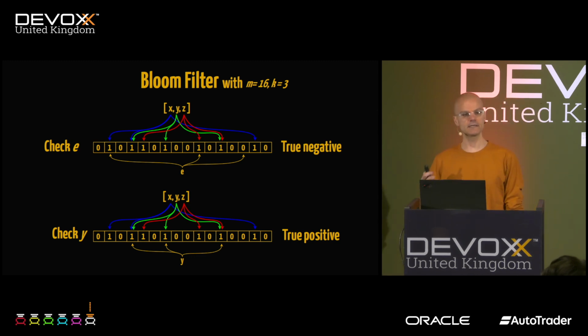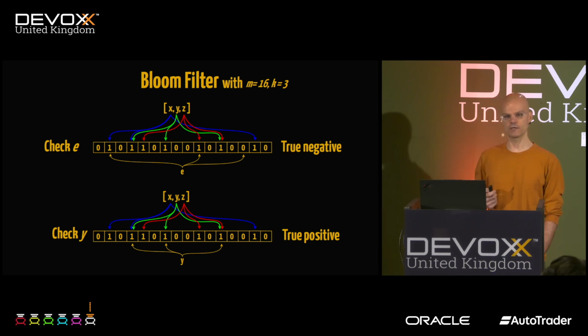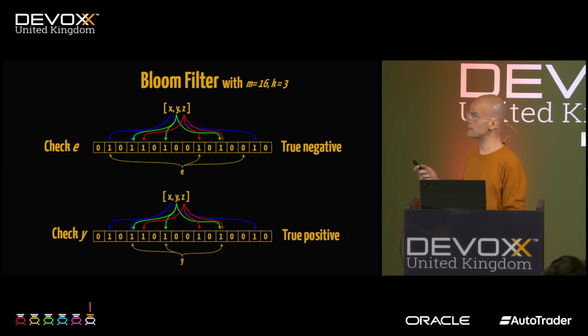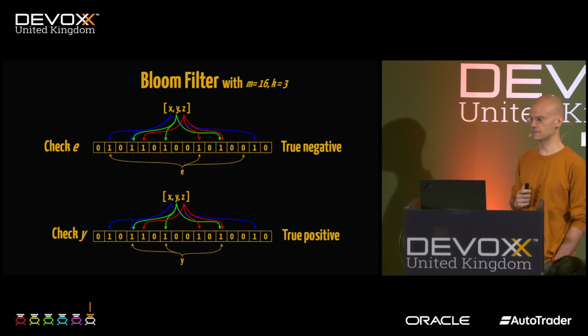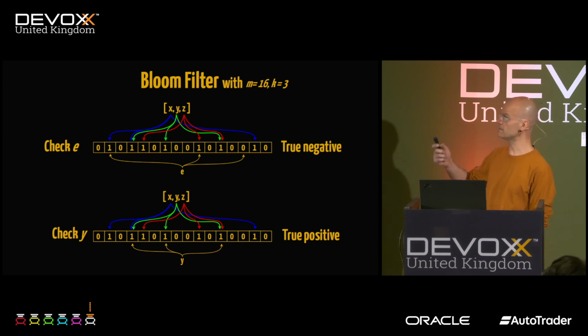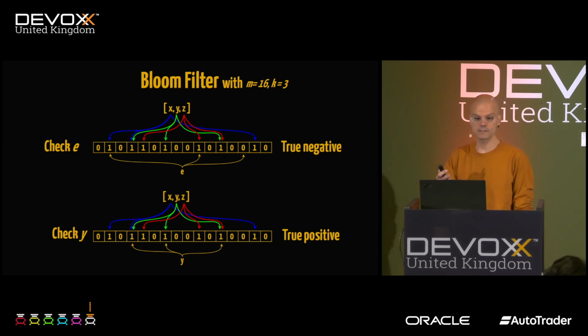So in this case, the condition is not met, because the condition was to have all the bits set. And this is not true, because only 2 of 3 are set. So the Bloom filter will tell us that the element e is not part of the set. So it's a negative, and it's a true negative, because we inserted only x, y, and z. So it's true that e is not part of the set.